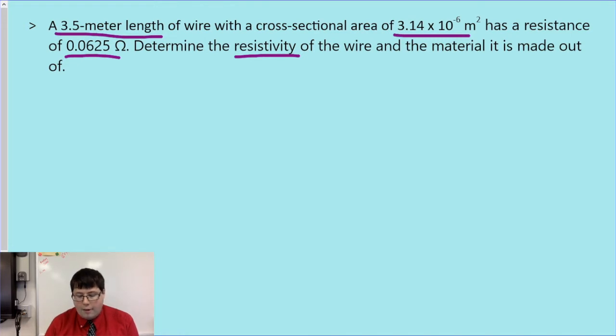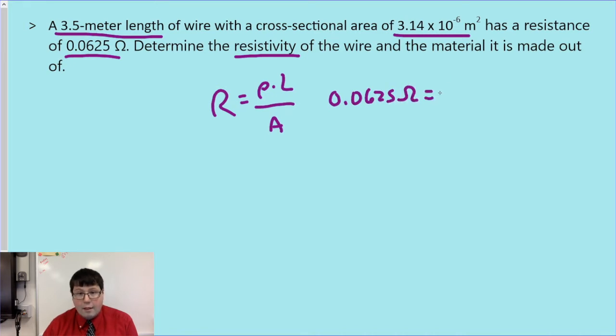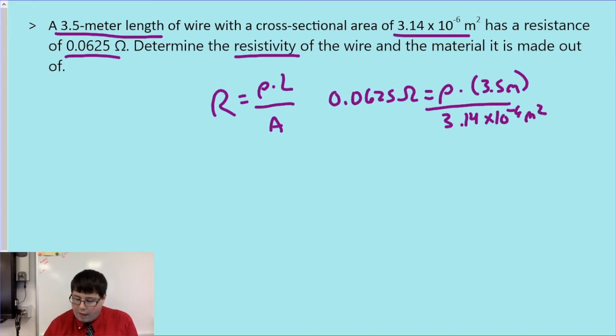Our R is equal to rho times length divided by A. Plug in big R, 0.0625 ohms equals my resistivity times the length of 3.5 meters, and divide that by my area, 3.14 times 10 to the minus 6th meters squared. I solve that in my calculator.